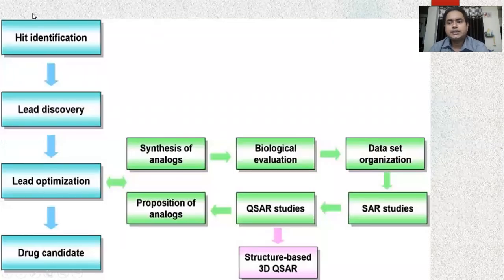So here this figure illustrates the hit identification and hit-to-lead process. If you identify hit molecules from a chemical library, then after validation using several screening or assay processes, it can be discovered as a lead compound.